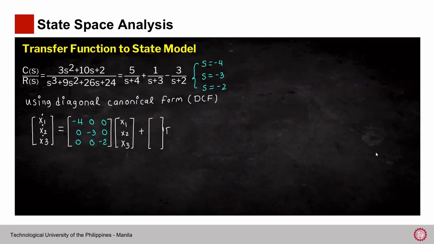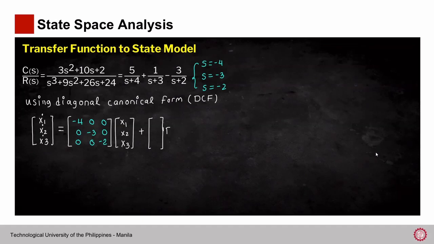If I will be asking you to write it in a diagonal canonical form, maybe I'll just say na increasing poles or decreasing value poles, etc. So I'll just provide some rule for you to follow para maging pare-pareho yung sagot natin, guys. But definitely, in reality, in any order yan, pwedeng mauna yung -2, pwedeng mauna yung -3. It's just the same. Doesn't matter.